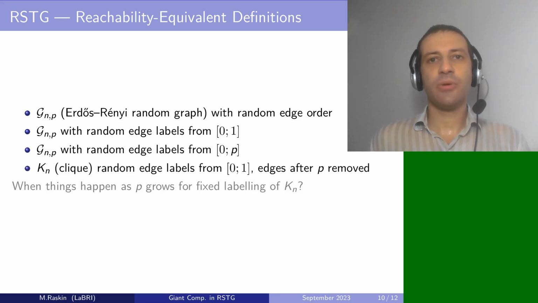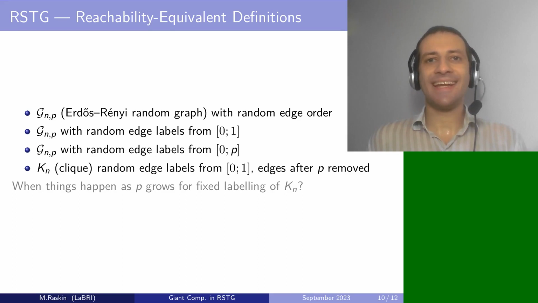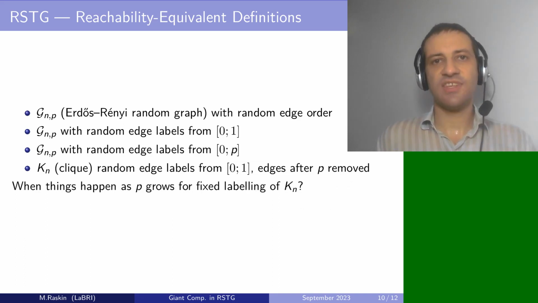Another way to get uniformly random labels in 0 to p is to take uniformly random labels from 0 to 1 in a clique, and then remove everything after time p. So this gives us yet another point of view on the situation.